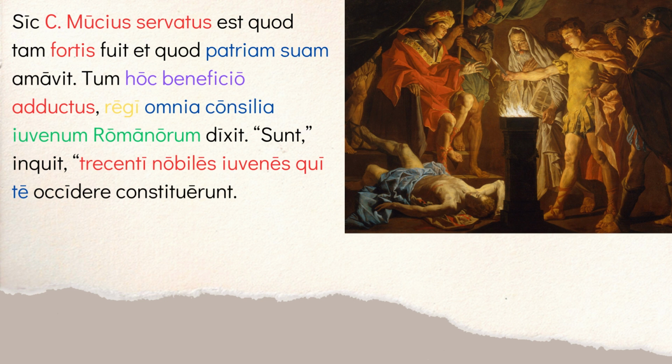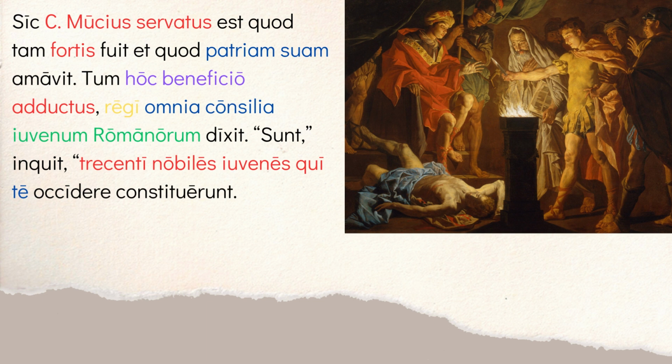Okay, then you have tum hoc beneficio adductus, regi omnia consilia juvenum Romanorum dixit. So then, because he's been saved, having been influenced, meaning Gaius Mucius, right? So adductus, having been influenced by such kindness, hoc beneficio, he said to the king, dixit regi, omnia consilia, all the plans of the juvenum Romanorum, of the young Romans.